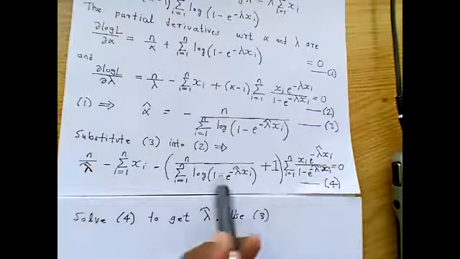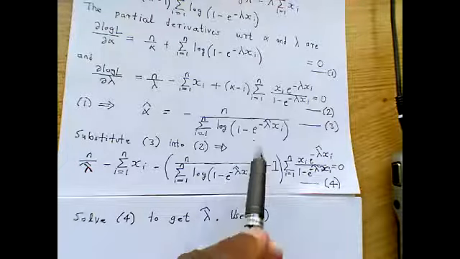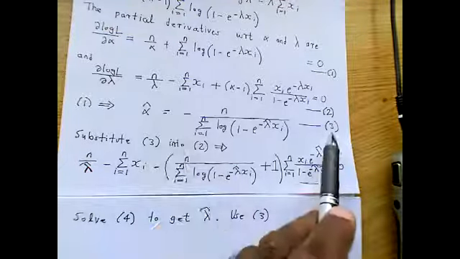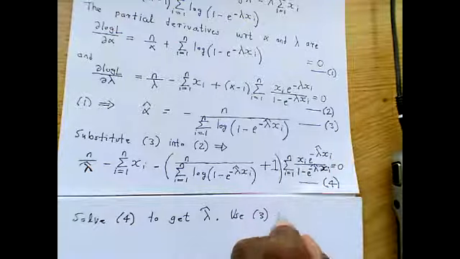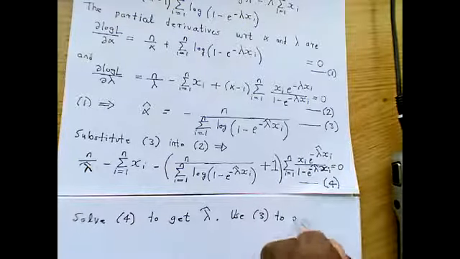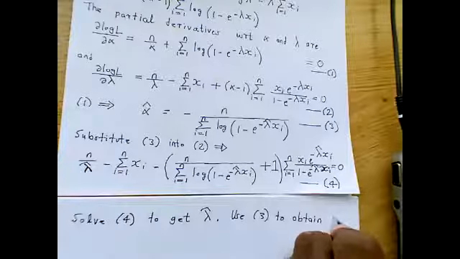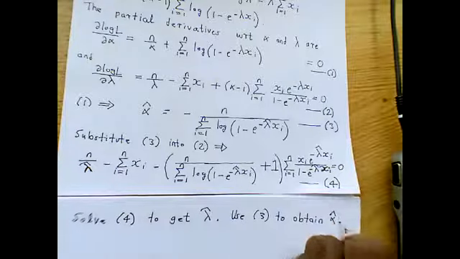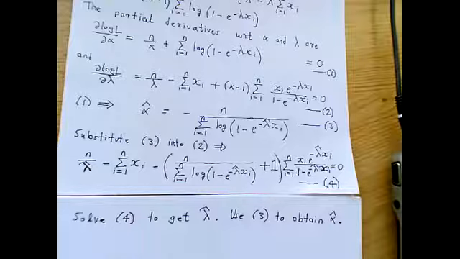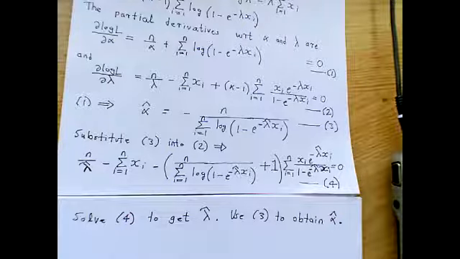So once you got the solution for lambda hat, you can sub it into equation 3 to obtain alpha hat. All right, so that completes the final part of this tutorial sheet.